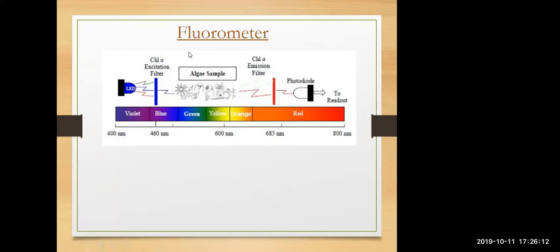That means that in a fluorometer, we have an excitation filter centered in the blue part of the spectrum, as is indicated here, and we will have an emission filter that will detect the fluorescence by the sample. The intensity of the fluorescence will be proportional to chlorophyll-a concentration.